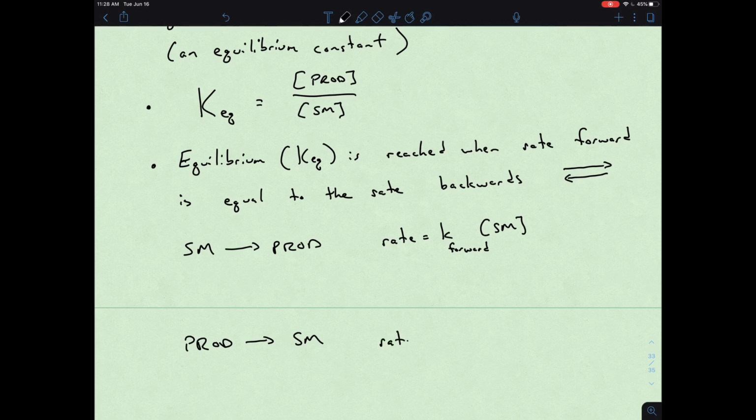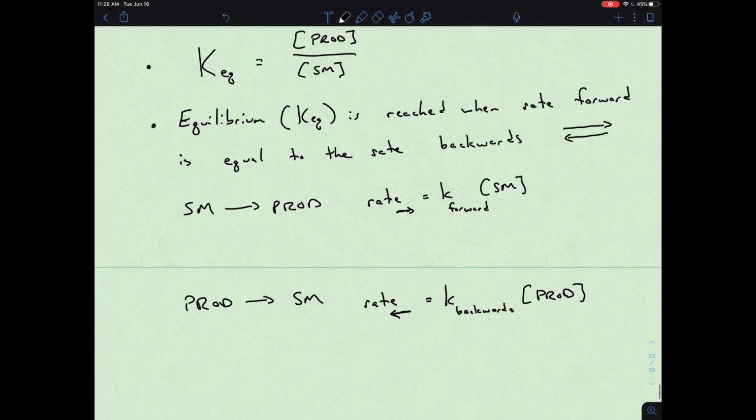So the rate could be equal to k backward times our product. So we have these two rates, but they should be equal to one another as far as that forward direction and that backwards direction, because that's the definition of our k.